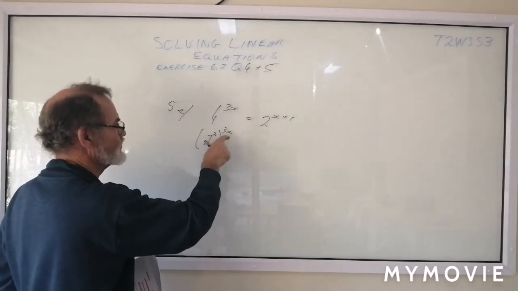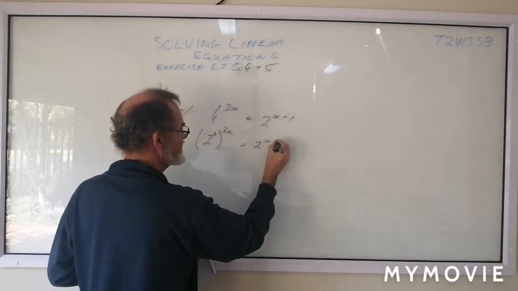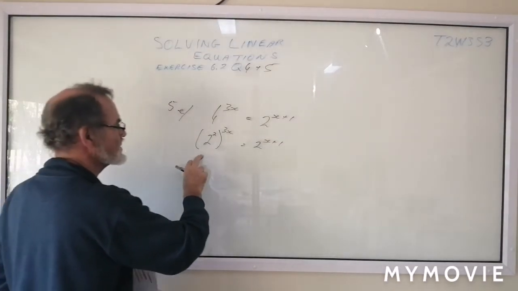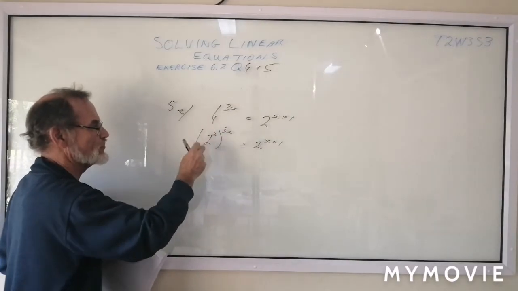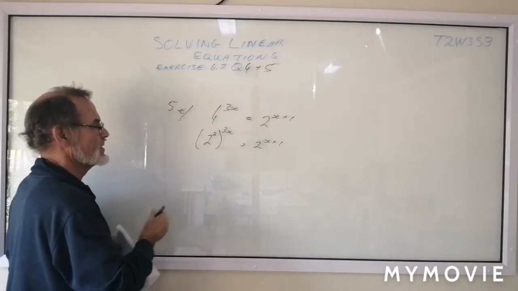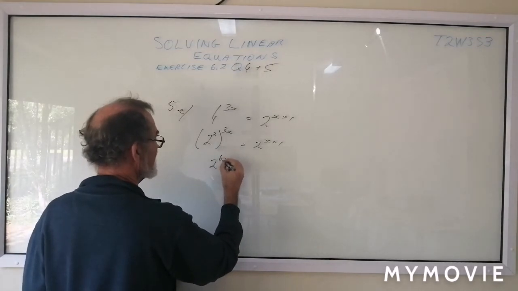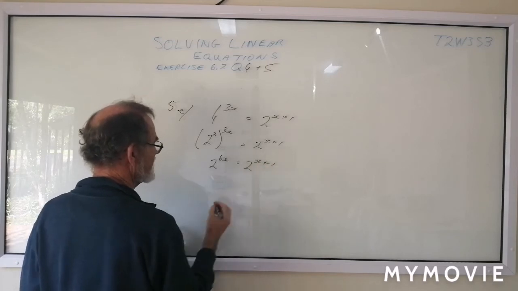This is 4 to the power of 3x. This stays as 2 to the power of x plus 1. Now we can use our other law of exponents that says when you've got an exponent outside the brackets and inside the brackets, you multiply them. So this is therefore 2 to the power of 6x, equal to 2 to the power of x plus 1.